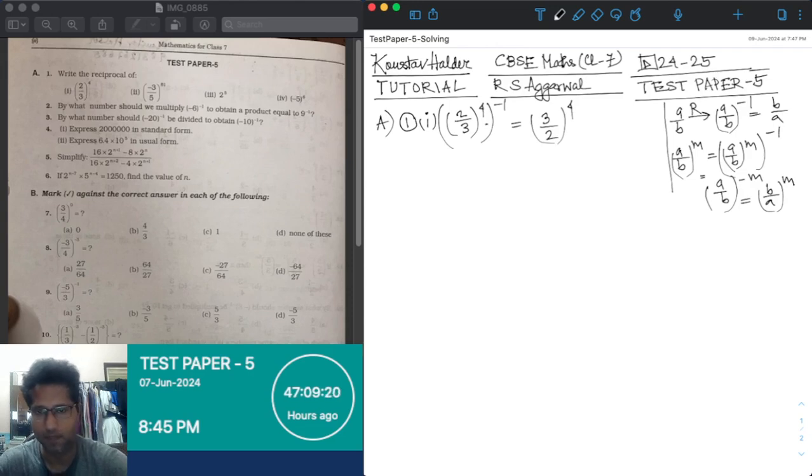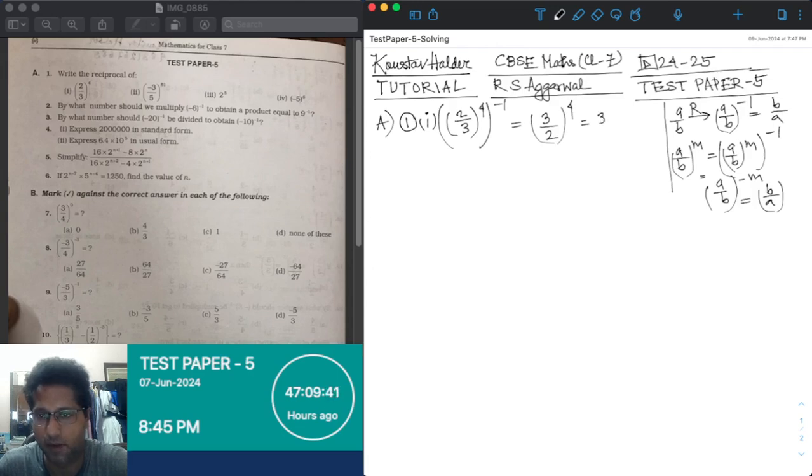So 2 by 3 to the power 4, its reciprocal is 3 by 2 raised to the power 4. Now we can express it in the rational number form.